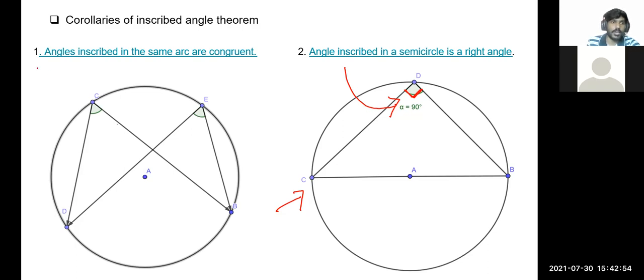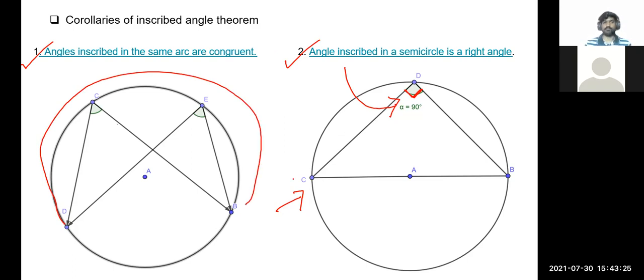Okay. I want you to write these points, first point and second point, just the heading. Angles inscribed in the same arc are congruent, first one. Second one, angle inscribed in a semicircle is 90 degrees. Write it down. Inscribed means drawn inside the semicircle. In the same arc. Okay, fine.